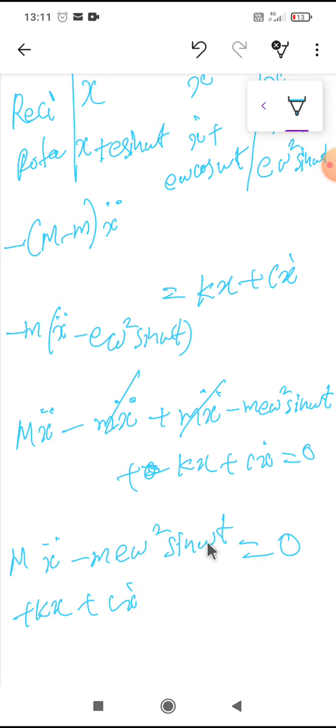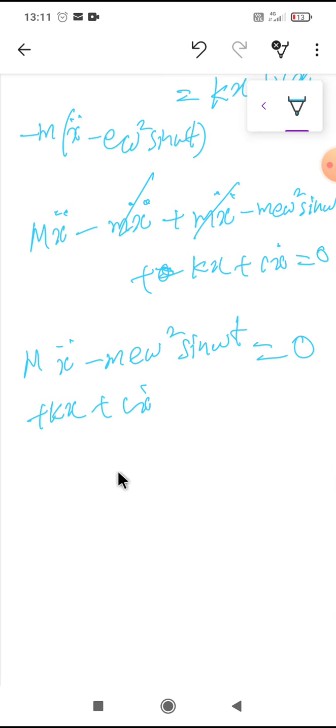Here M x double dot is what is left. So M x double dot minus m e omega square sine omega t plus kx plus c x dot equal to 0. This is the equation. And if I bring this term to the right hand side, I will get M x double dot plus c x dot plus kx is equal to m e omega square sine omega t.